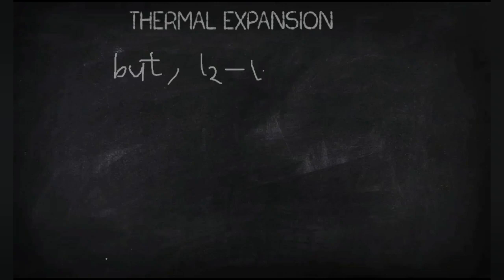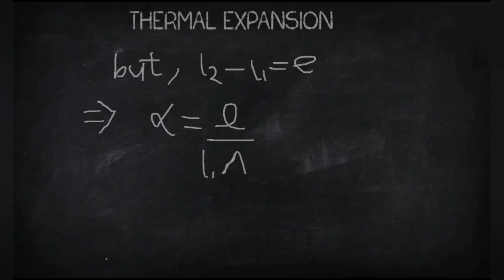But L2 minus L1 is equal to E, that's the extension, so alpha is equal to E over L1 delta theta.